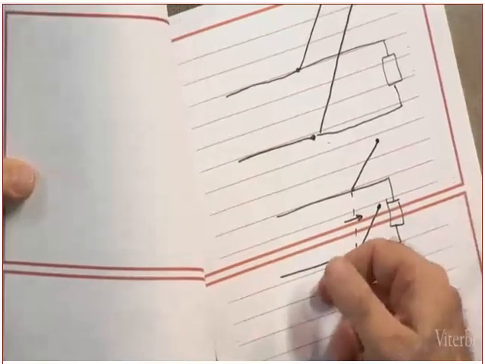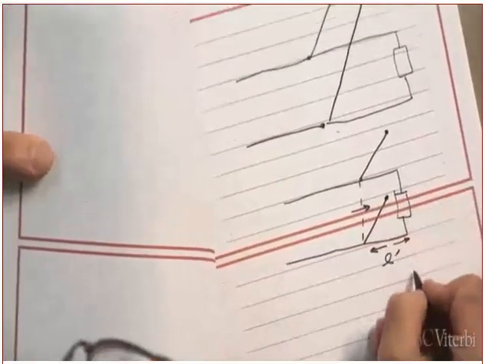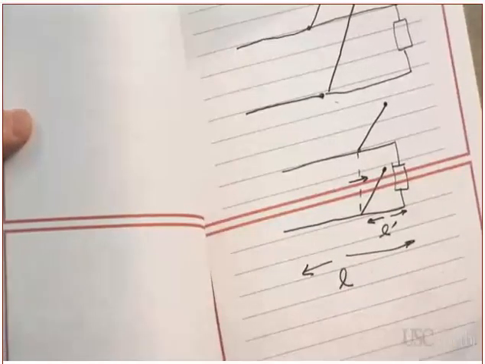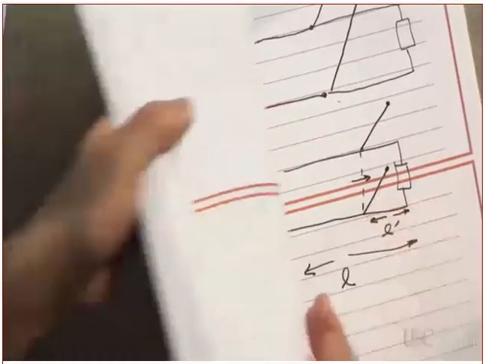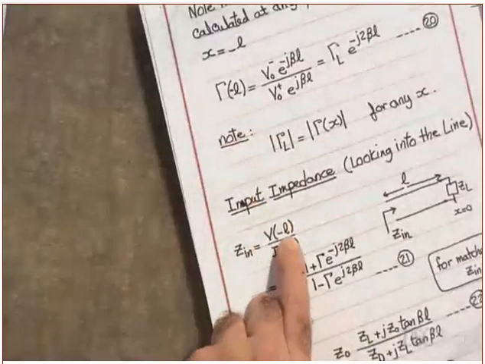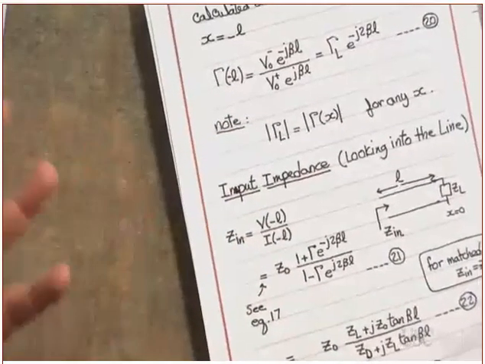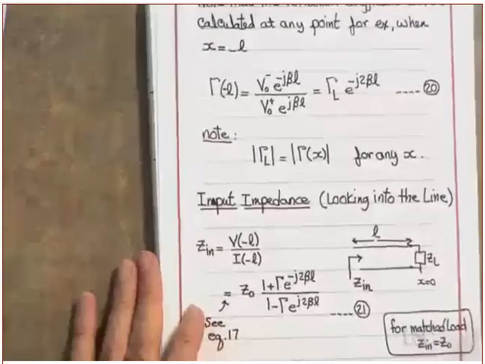Did you get my point or not? The whole length from here to here is L, but you are looking only at L prime, which means in this equation you are going to substitute L prime. Clear? You can find that at any point on the line. Did you get this or not?